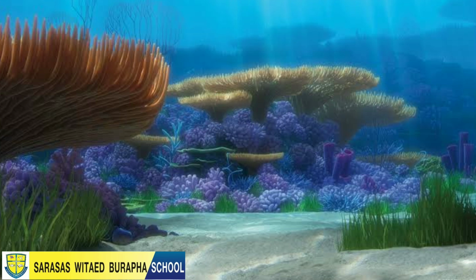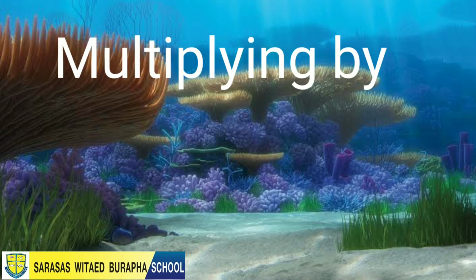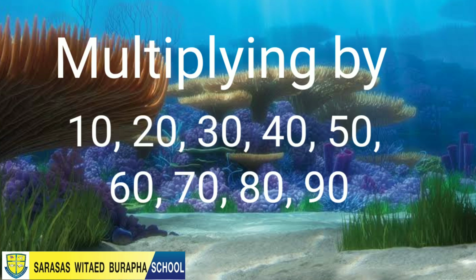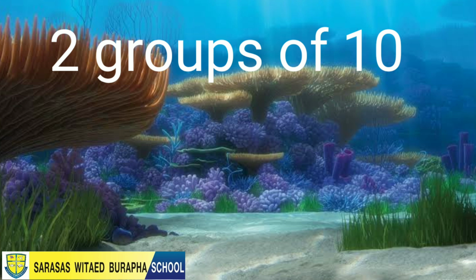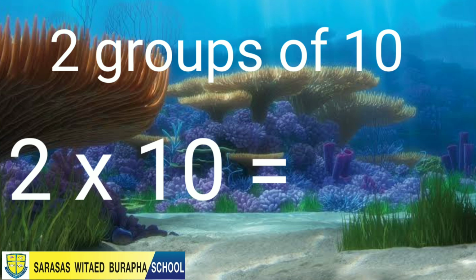Our first lesson is all about multiplying by 10, 20, 30, 40, 50, 60, 70, 80, and 90. For example, 2 groups of 10. You can write it down as 2 times 10 equals, what is the answer?